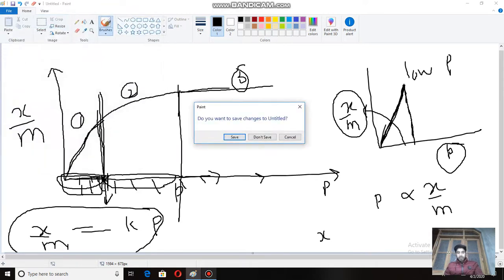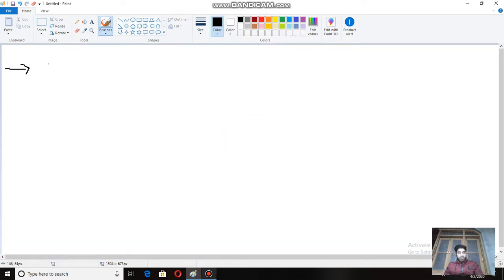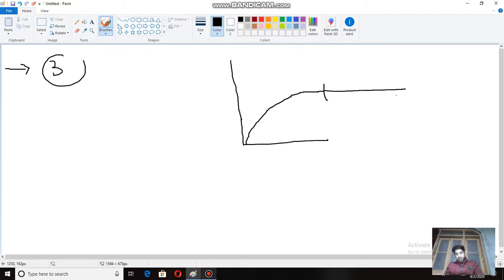Now let's take the third part. The third part of the graph is like this. This was our first part, a straight line, then it's a bit curved, and then it's flat. This portion was our third part. As you know, the pressure after which the curve flattens is known as the saturation pressure.